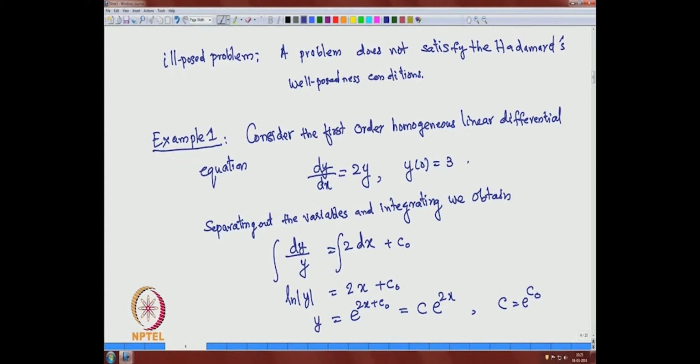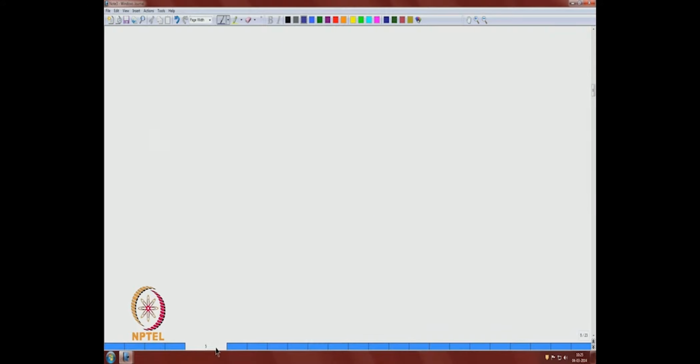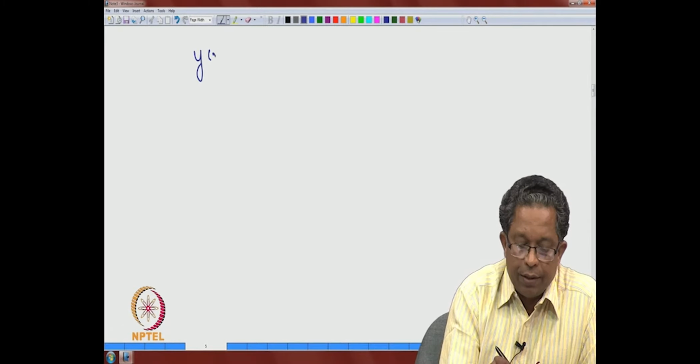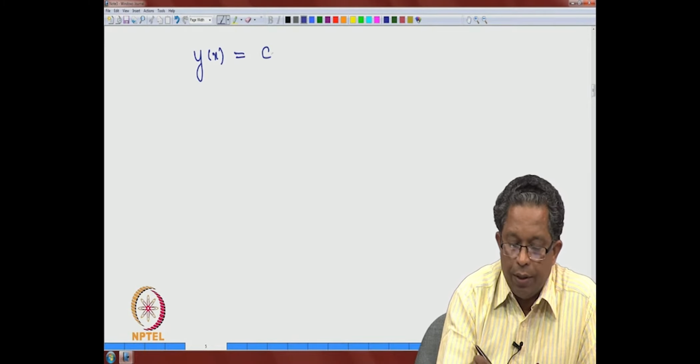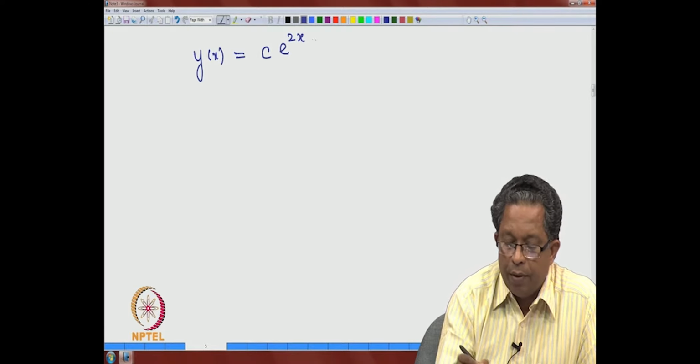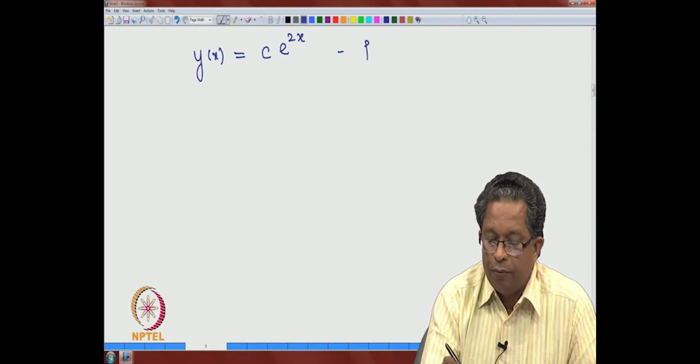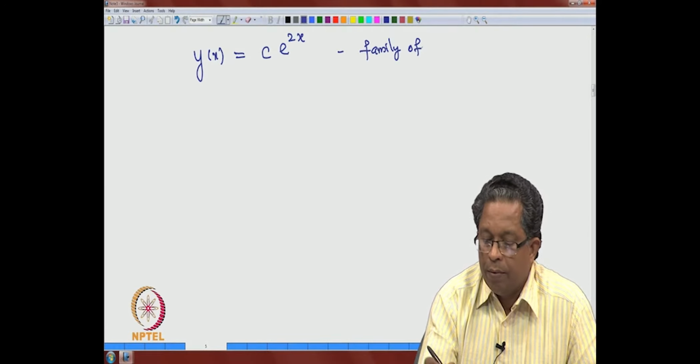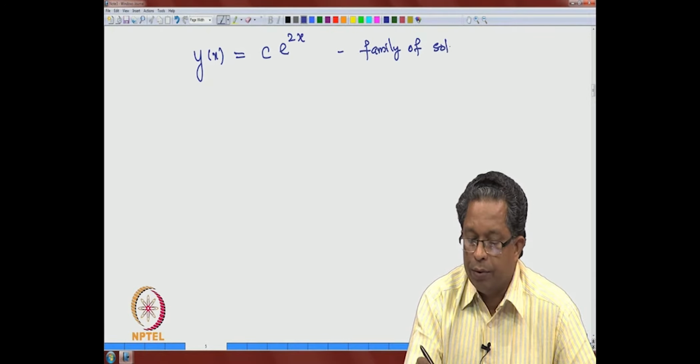So, the solution of this differential equation, I have not applied the initial condition, can be obtained easily by the method of separation of variables. So, y of x is equal to c e to the power 2x, which is a family of solutions or curves.